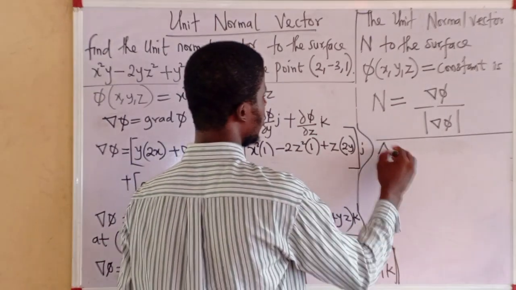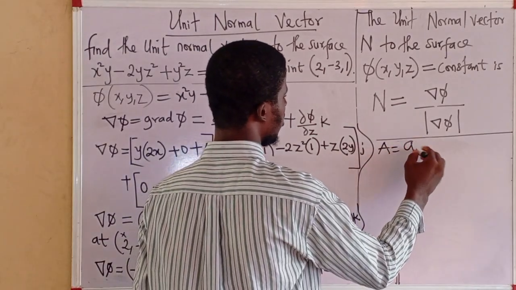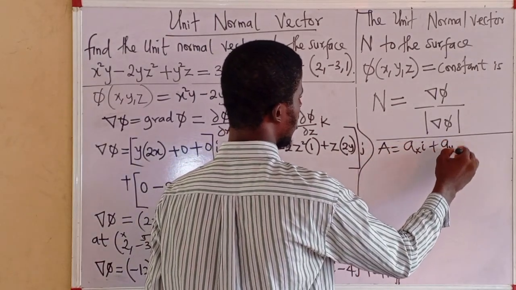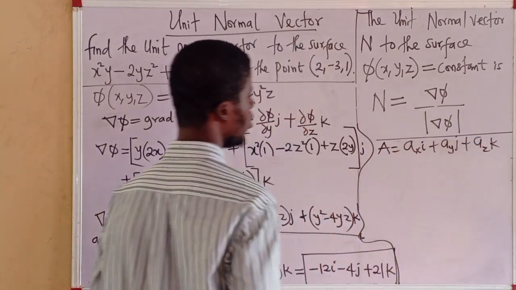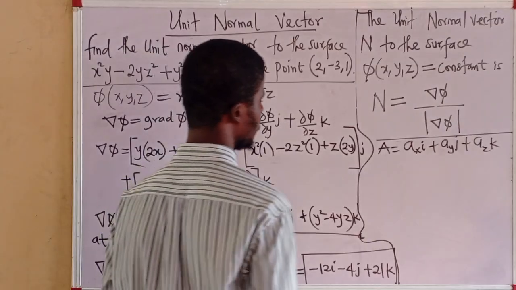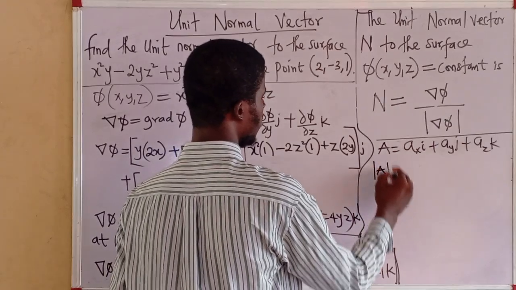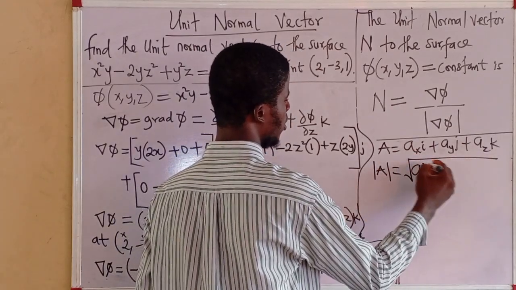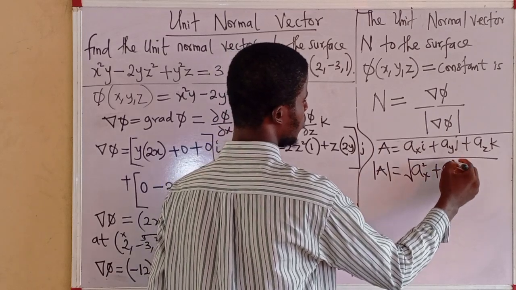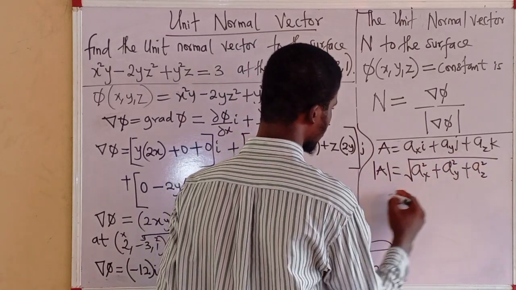Remember, for a vector A, which is equal to axi plus ayj plus azk, the modulus of this vector, the absolute value of A, is the square root of ax squared plus ay squared plus az squared.